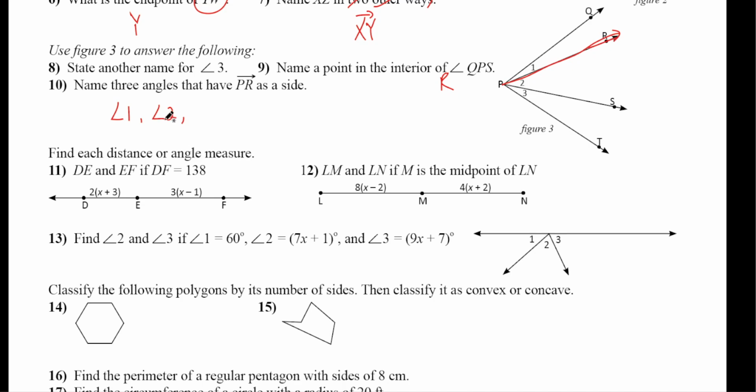Well, RPS is the same as angle 2. Angle 3. Does angle 3 have PR as a side? Very good. RPT. You can't use a number with that one. All right? It's RPT. Angle RPT. And put the angle symbol in front of it if they ask for an angle.